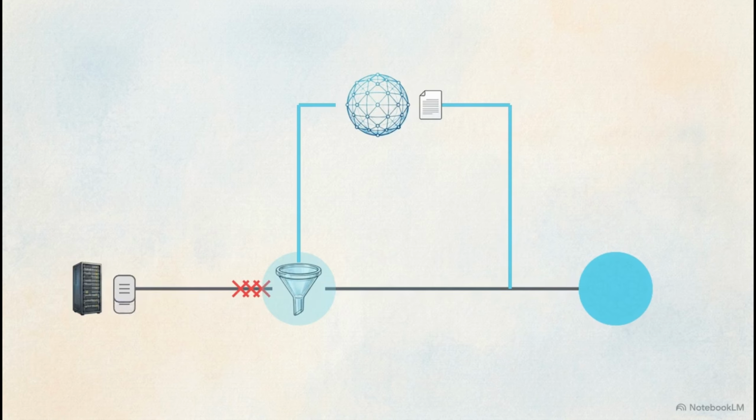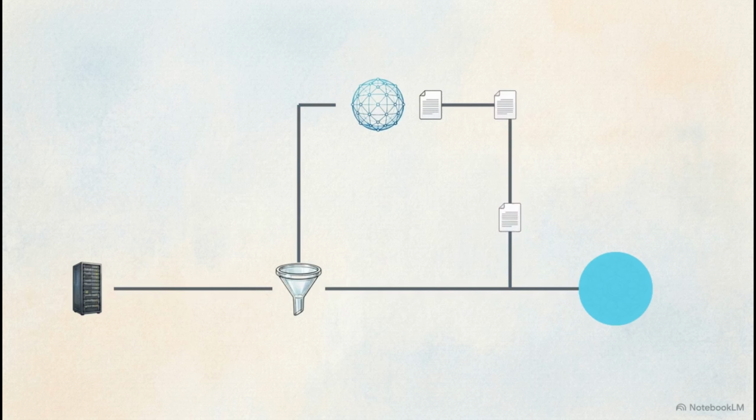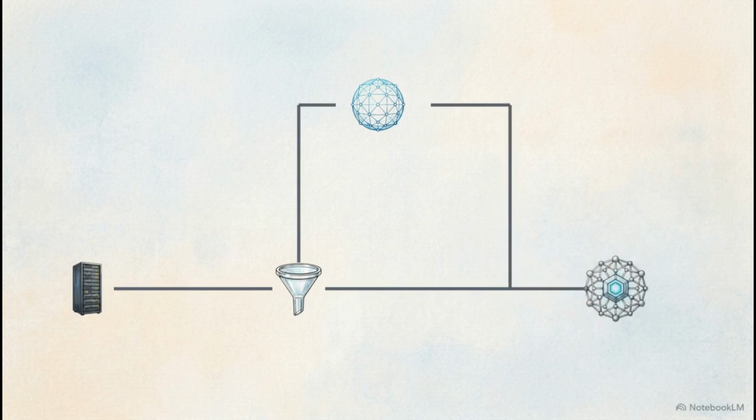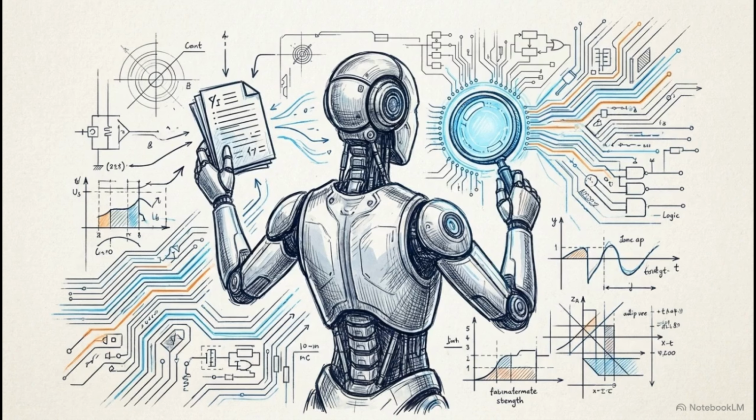If internal documents fail that relevance check, the system initiates an autonomous fallback protocol. The pipeline redirects to an external web search to dynamically fill the knowledge gap in real time, preventing the model from halting. Agentic modularity shifts RAG from a passive script into a resilient, self-correcting research agent.